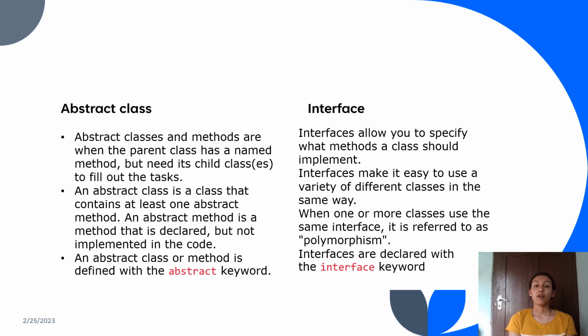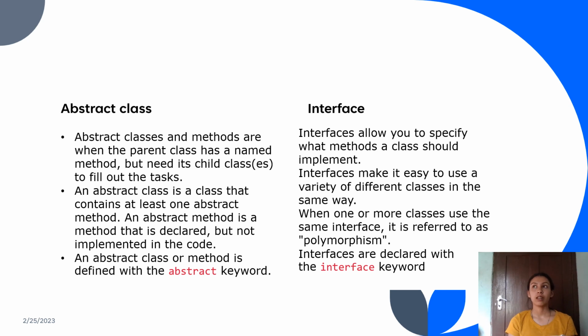So polymorphism can be achieved using the interface, and other ways of implementing polymorphism are function overloading and method or operator overloading, which means the same function can be implemented in different situations, or we can give different implementations for the same named functions.